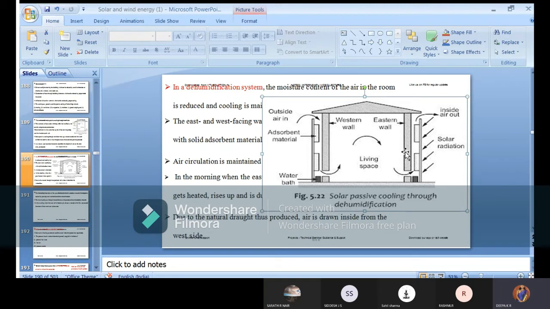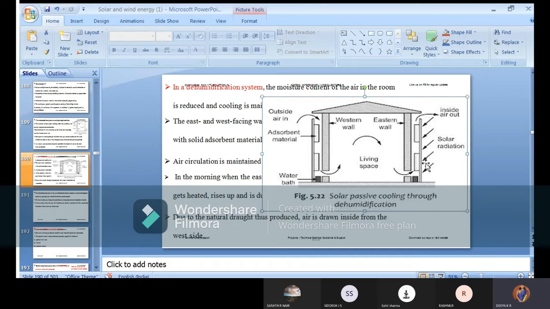Of course, these are definitely available in your houses. Then inside air out, solar radiation, outside air in, absorbent material, and water. The living area has been given and the walls have been given.